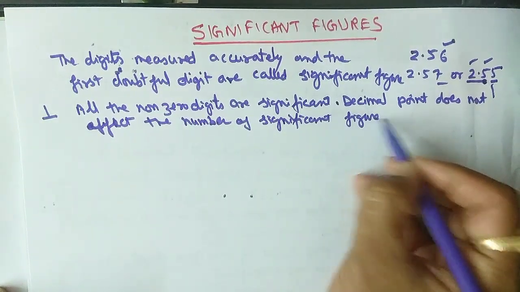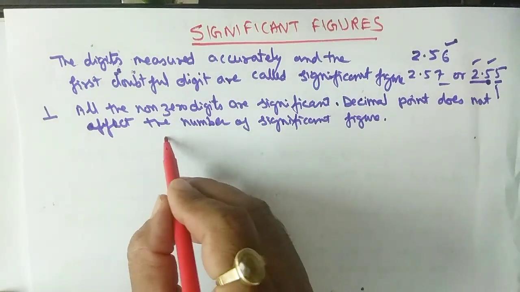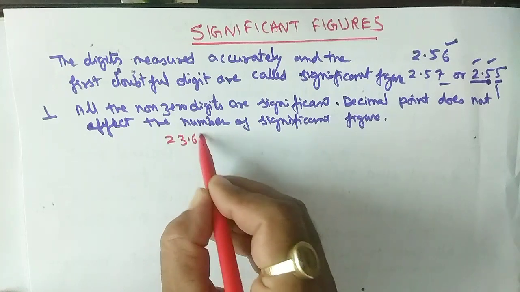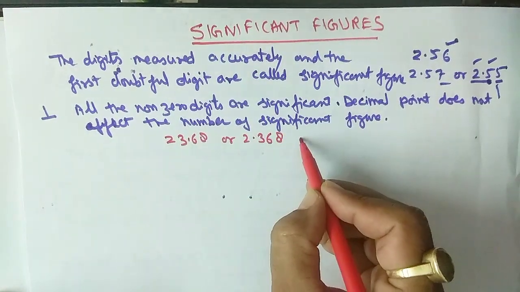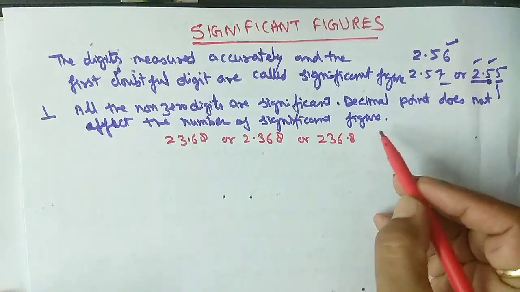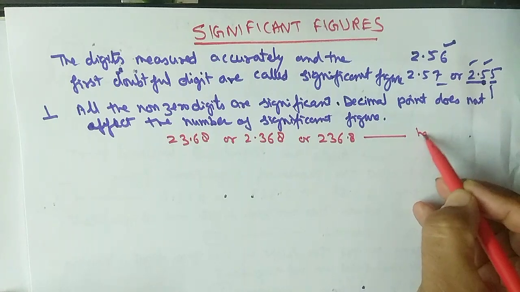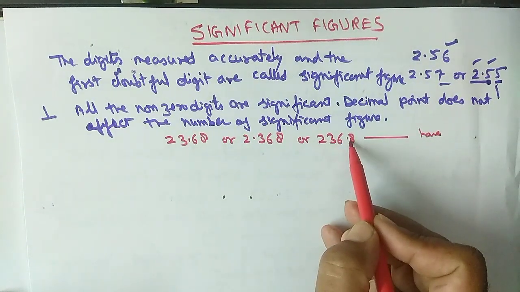Taking the example, suppose 23.68 or 2.368, or you can say 236.8, all have how many significant figures? 1, 2, 3, 4.